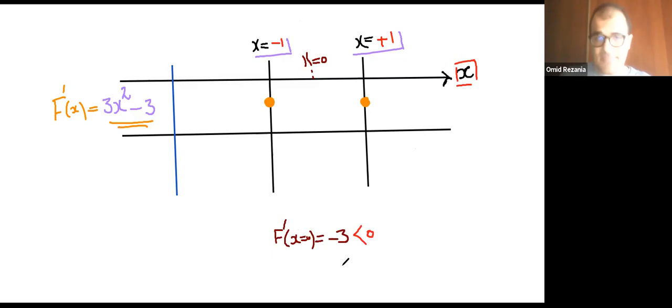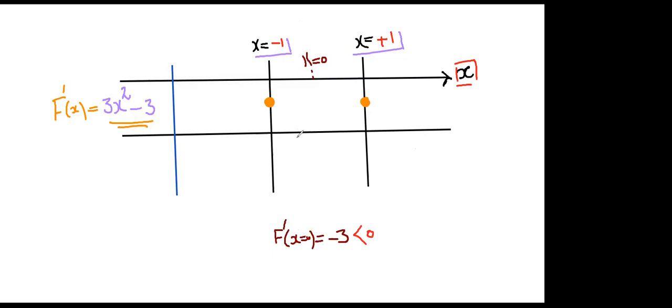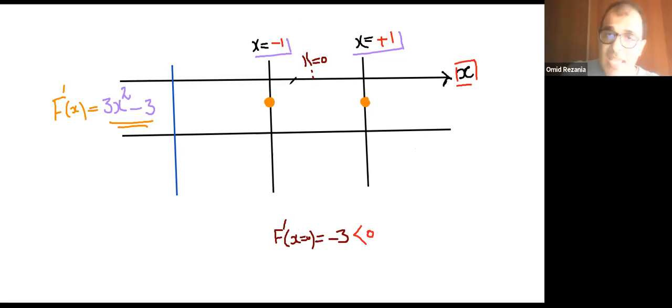Then I can say that I have infinite numbers between -1 and +1. I selected randomly one number, 0, between these 2 numbers, and it becomes a negative number. Then for any other numbers between these 2 points, I'm going to get a negative sign of my f prime of x.